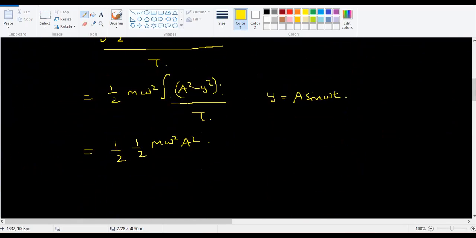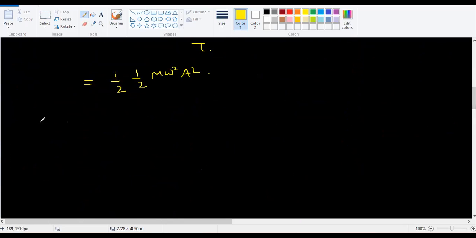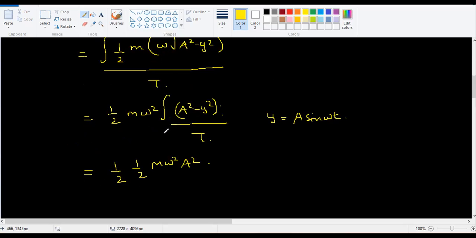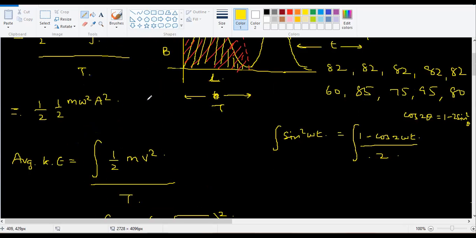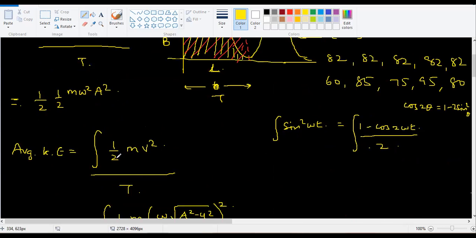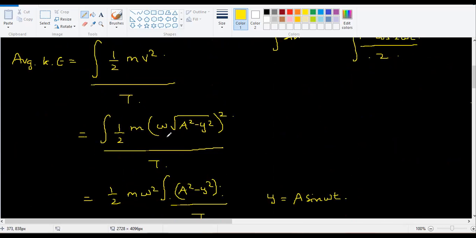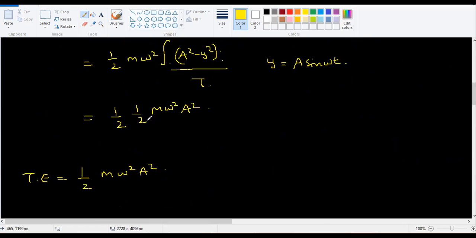So if you calculate the total energy, we calculated it as half m omega squared a squared. So for now, don't worry about these integration methods, because after studying in 12th standard, this will make more sense.